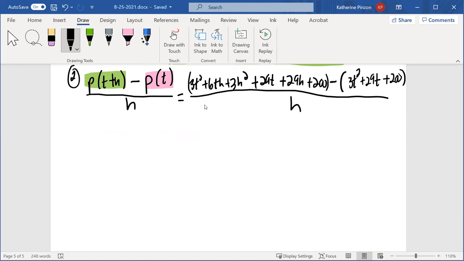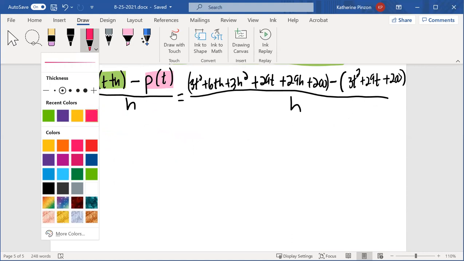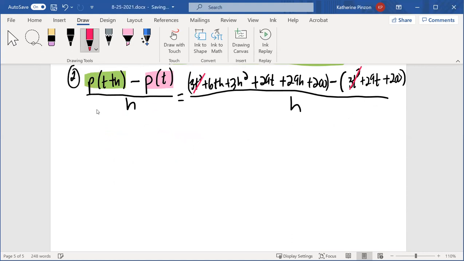Your hope is that all of the pieces, the 3t squareds, the 29t's, and the 200s cancel out, and everybody that remains has an h.